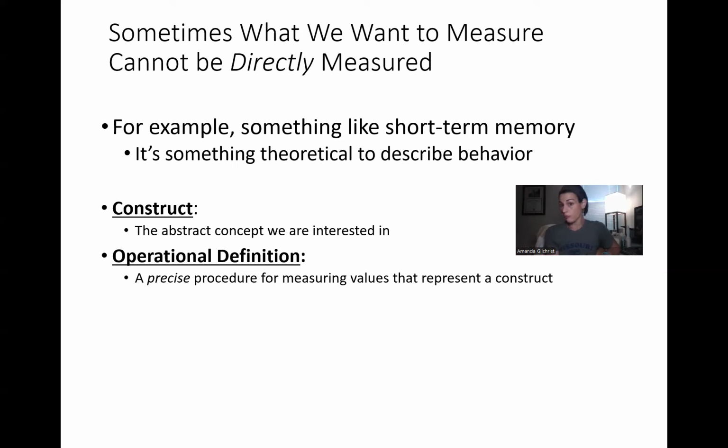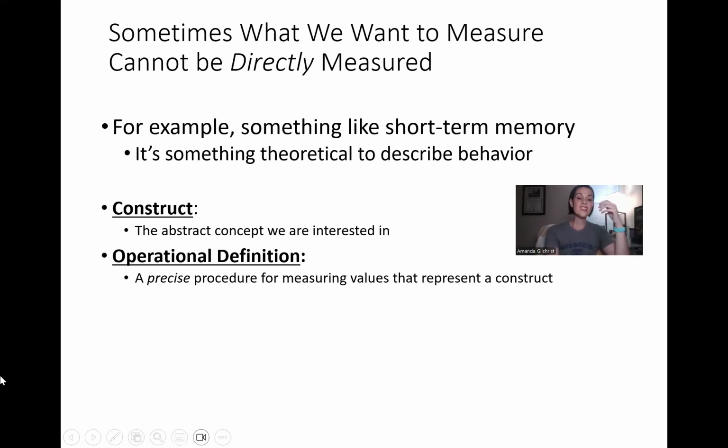So for example, if we're interested in self-esteem, we're going to talk about a score on a self-esteem test or inventory. If we're talking about something like job satisfaction, we might ask somebody, how much do you like your job on a scale of 1 to 10? If we're talking about short-term memory, we may have people listen to short lists of digits and then immediately have them report them back in the order that they heard them.